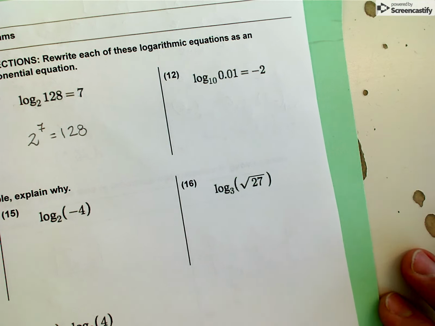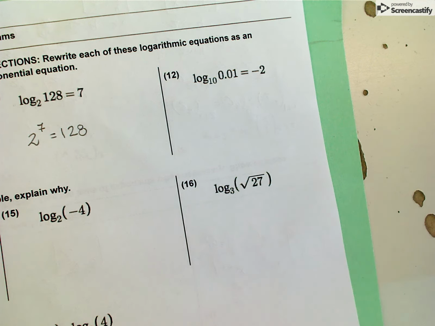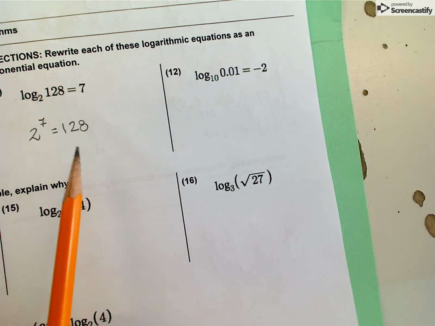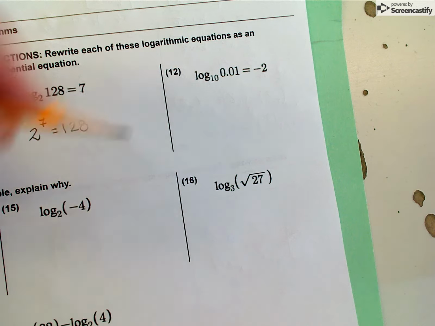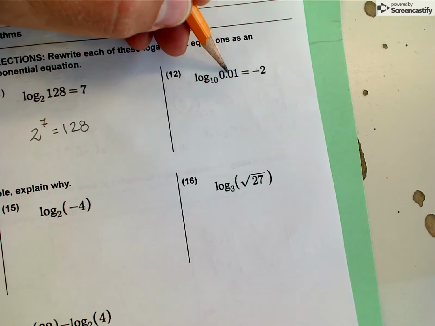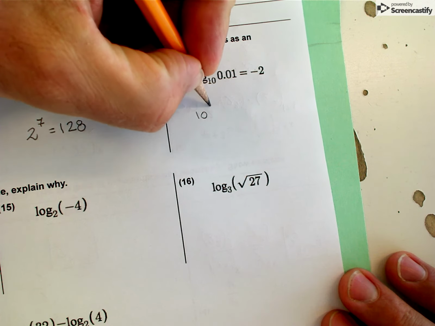And finally, we can just slide over to problem 12 and do the exact same process that we did over here, where we just rewrite the logarithm as an exponential relationship. 10 to the power of -2 is equal to 0.01.